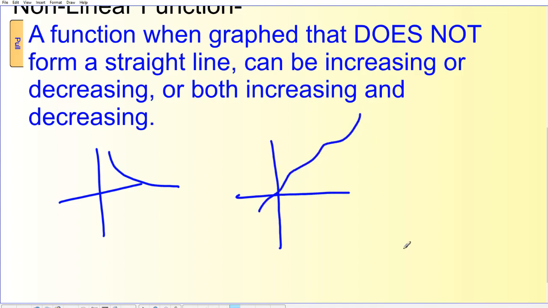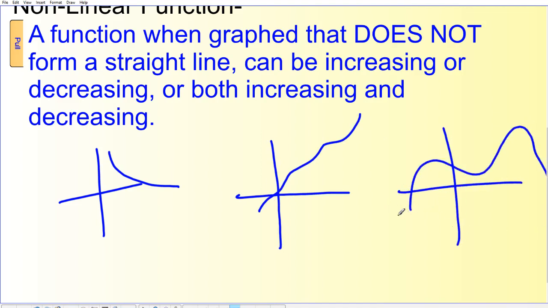This is nonlinear, but it's increasing everywhere. Or you could have one that is nonlinear, increasing, decreasing, increasing, decreasing. So there's a variety of non-linear functions.